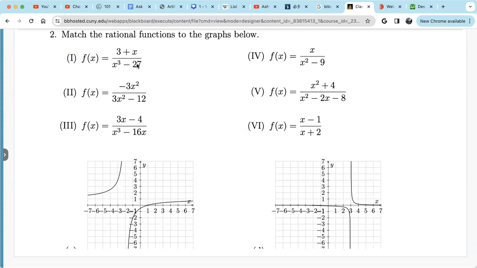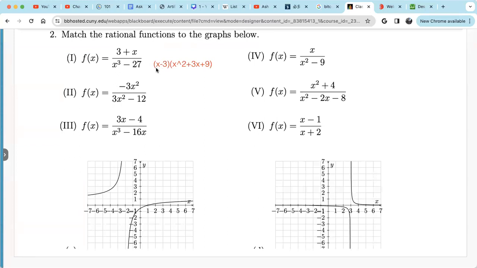So x cubed minus 27, if we remember, can be factored. x cubed minus 27 is x cubed minus 3 cubed.